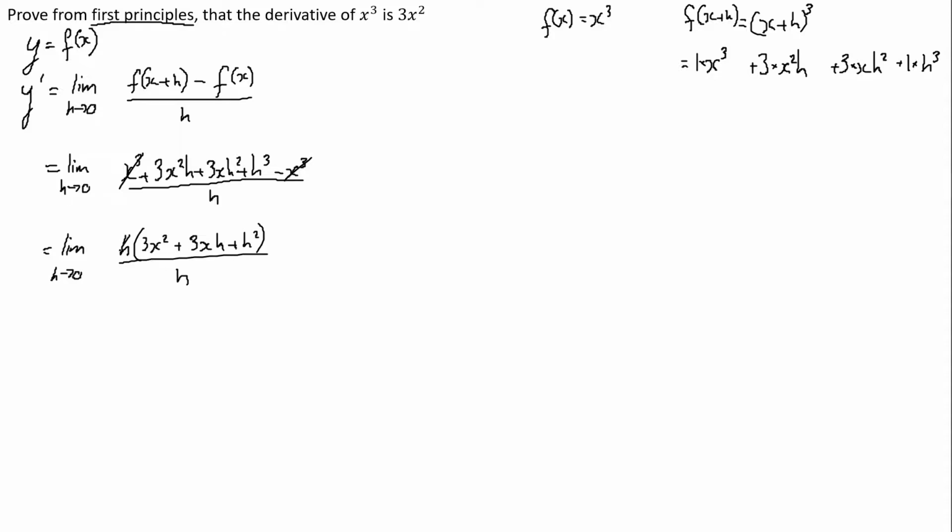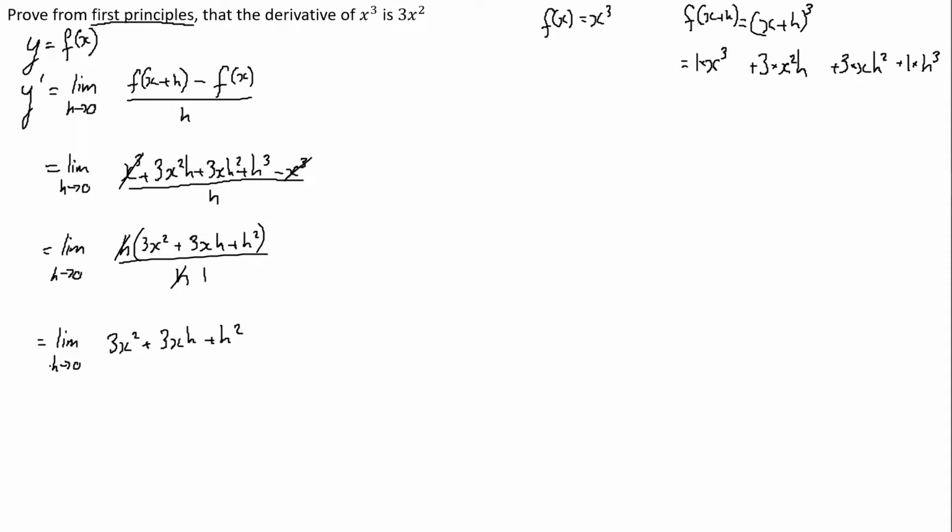Now, at this stage, if you cancel them, that just becomes 1. So you've got the limit as h approaches 0 of 3x squared plus 3xh plus h squared.